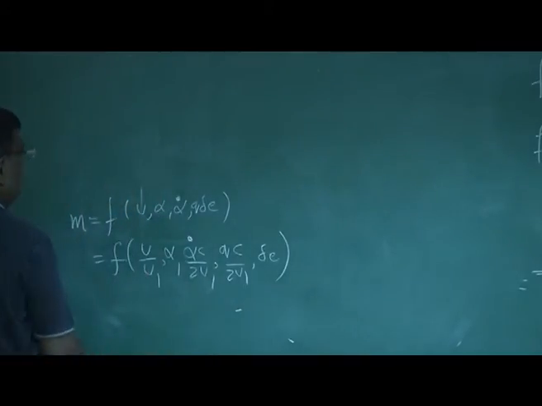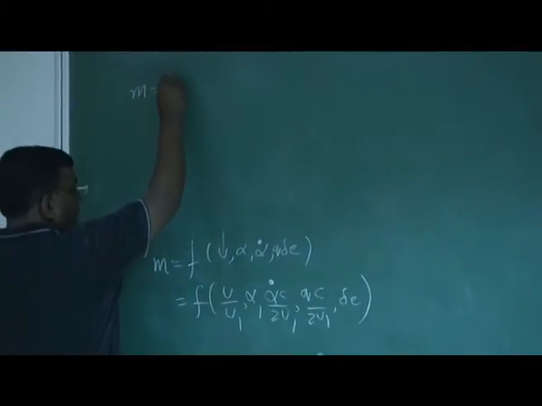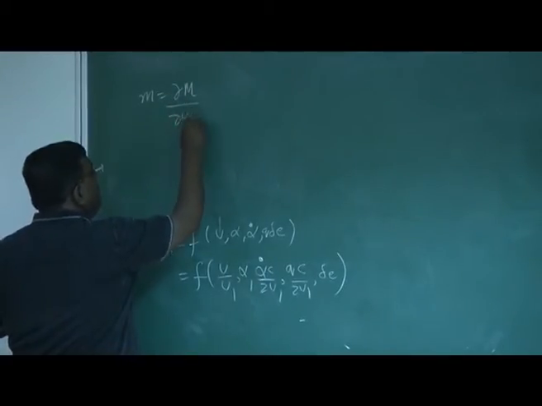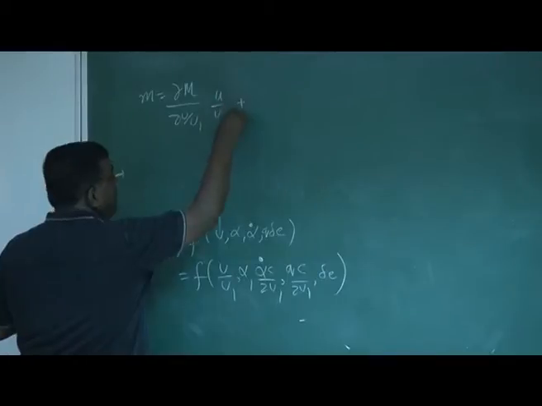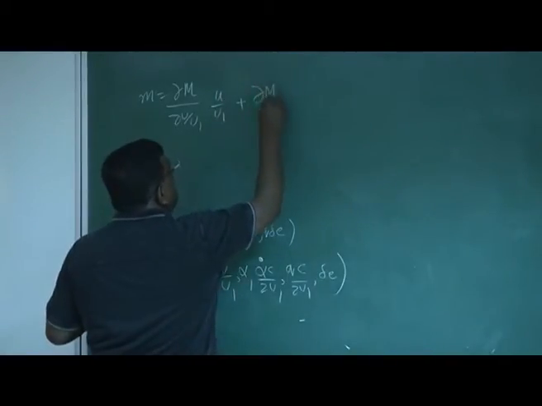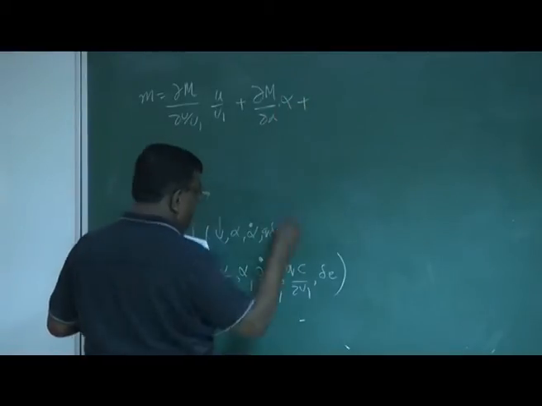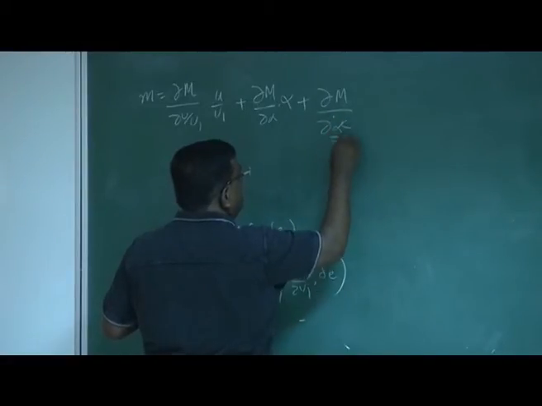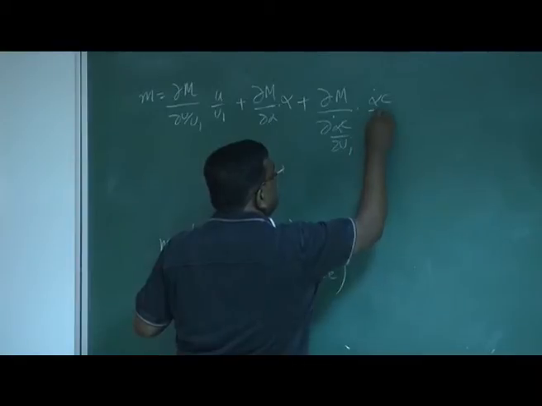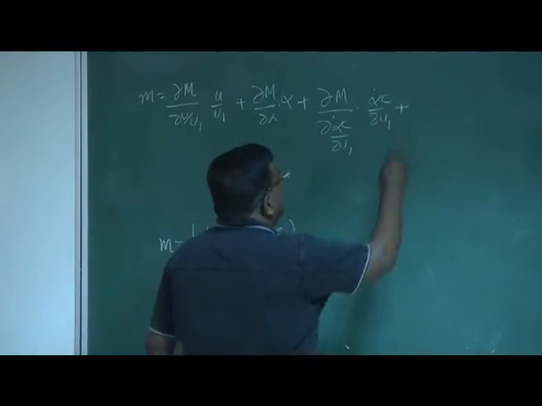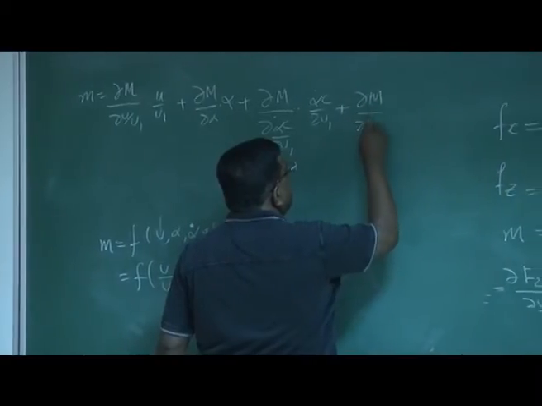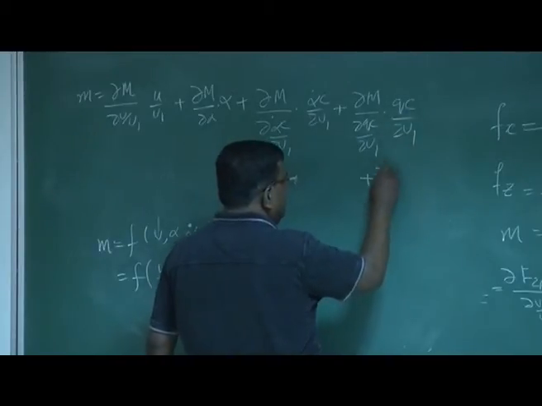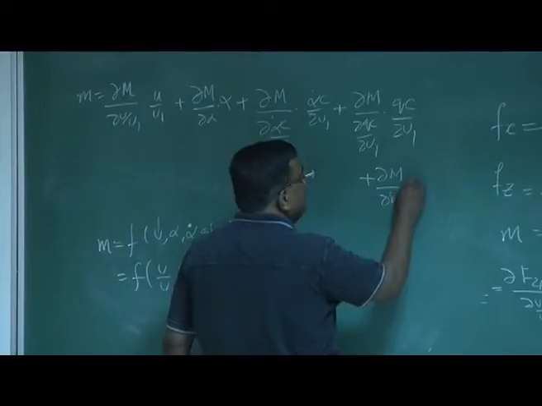Then I get M equal to dM by d(u by u1) into u by u1, plus dM by d alpha into alpha, plus dM by d(alpha dot c by 2u1) into alpha dot c by 2u1, plus dM by d(qc by 2u1) into qc by 2u1, plus dM by d delta E into delta E.